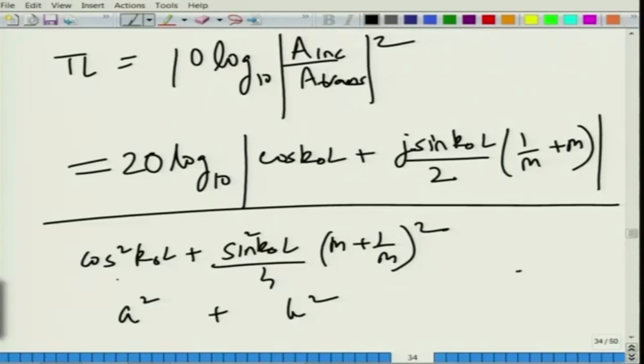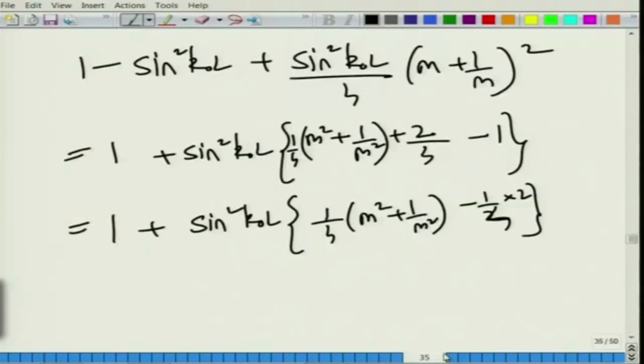Now, they are clearly of the form a square plus b square. It is a fairly straightforward algebraic trigonometric simplification.